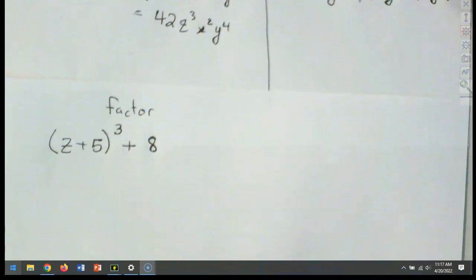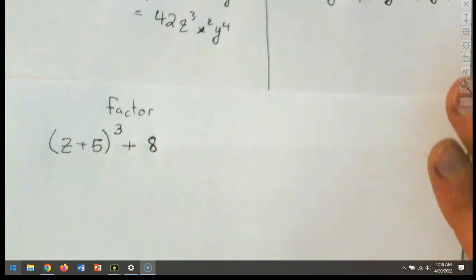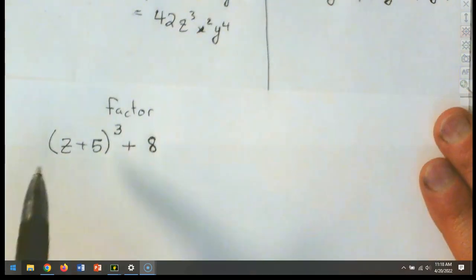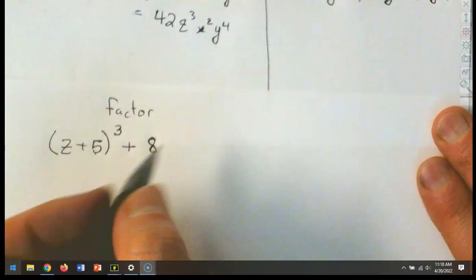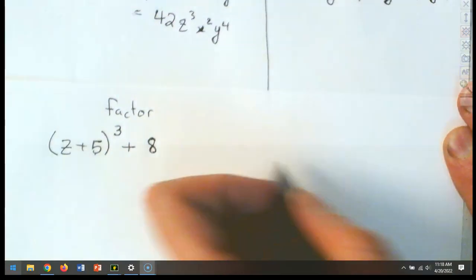These are a little bit more complicated just because of all the pieces that we've got to work with. Well, first off, what do we have here? Well, we've got a cube, right? 8's a cube, and this is cubed as well. So let's go ahead and break this down.